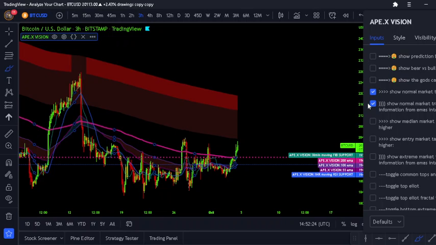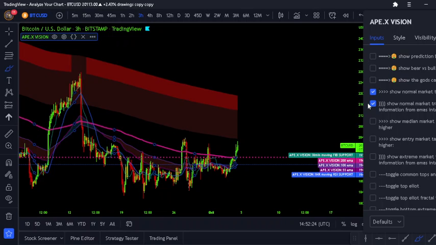You can see where support and resistance are. You can even get price targets if you turn on the EMAs, all this kind of stuff. But you've got to look at the most broken down part, the basic parts, and look at it simple to understand where the price action could be going.